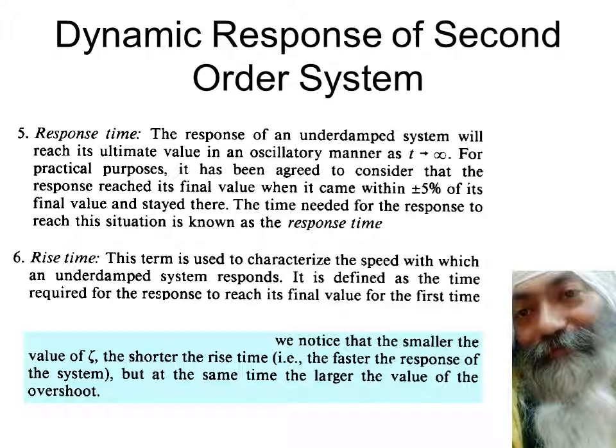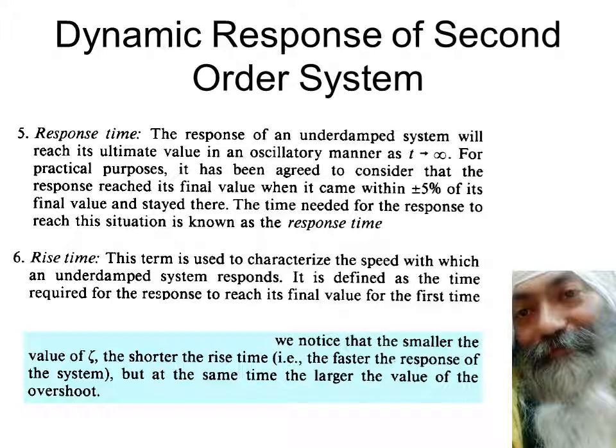So that is the point where we make a compromise, and that compromise is made by most of the designers when they go in for C is to A as 1 upon 4. This means that every successive oscillation will have an amplitude which is quarter of the previous one. It's called quarter decay. This is what most designers do, to make a compromise between the rise time and the overshoot.